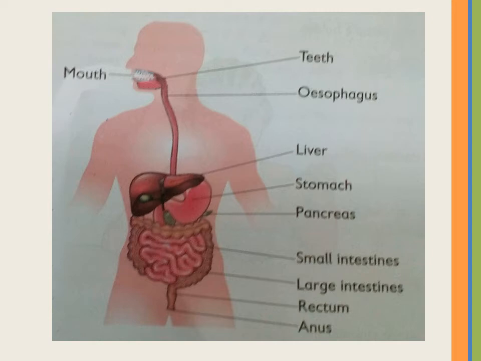Another organ is the tongue. The tongue moves the chewed food to the back of the mouth. It helps to swallow food. Another one is the salivary glands. The salivary glands produce saliva. Saliva makes the food particles stick together.